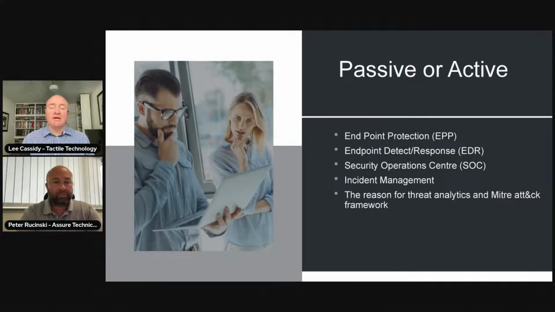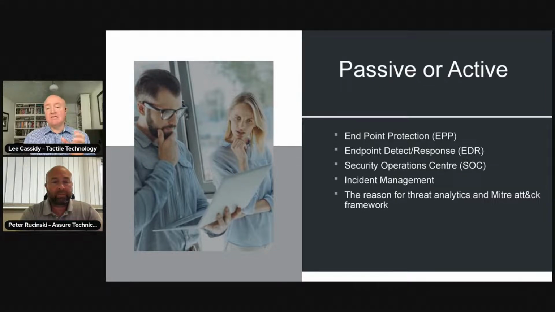It's a passive approach. It's where people have some kind of antivirus technology and some kind of personal firewall on an endpoint. That endpoint could be a desktop or laptop running Windows, a Mac-based system, or a server, either physically in a data center, virtually in a data center, or in a cloud service.